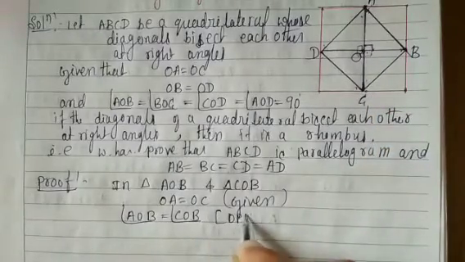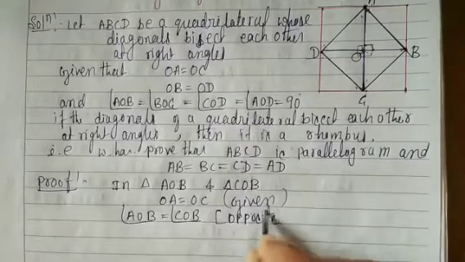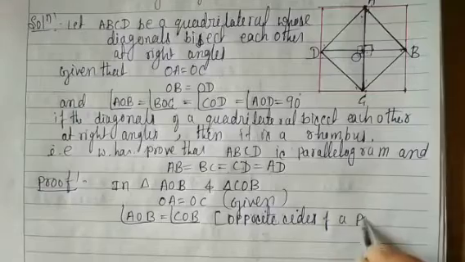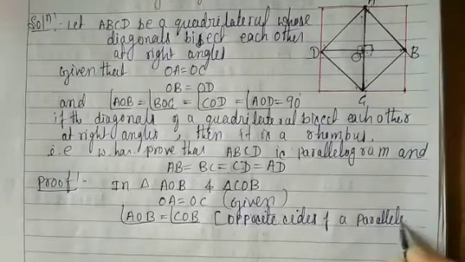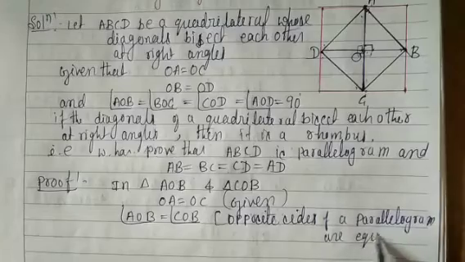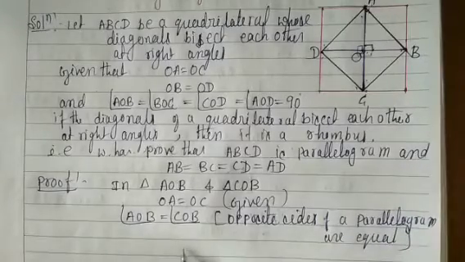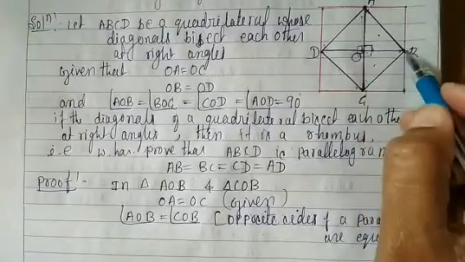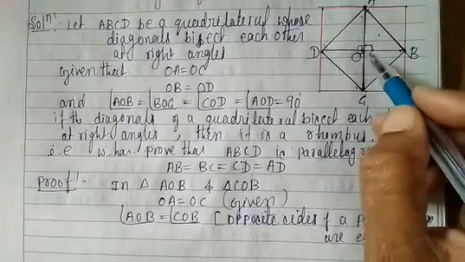Opposite sides of a parallelogram are equal. Next, the common one: these two are triangles AOB and BOC. The common side is what?